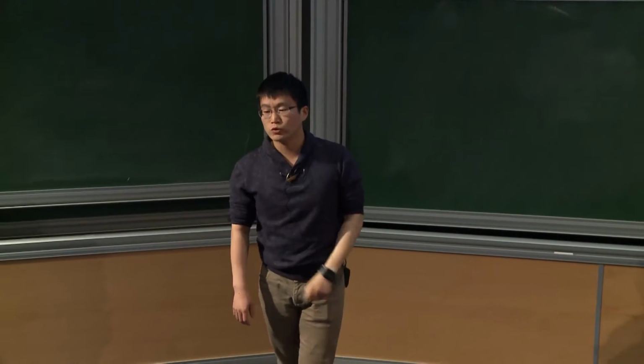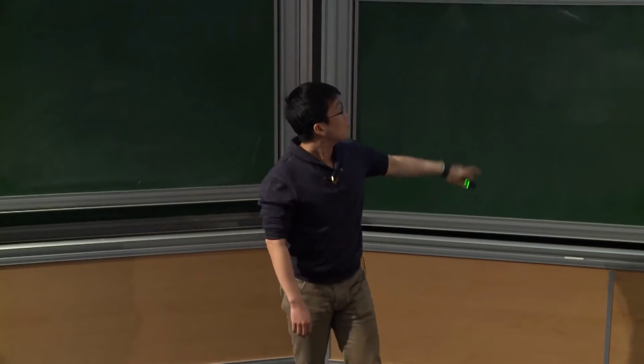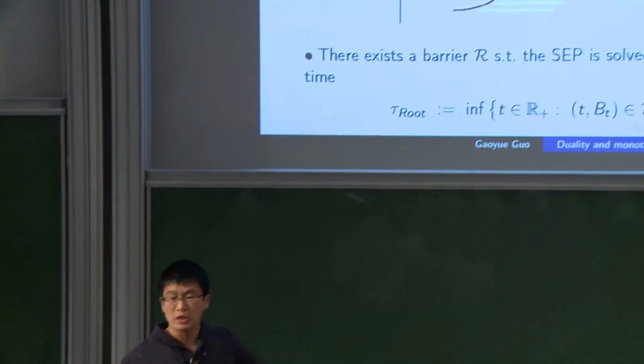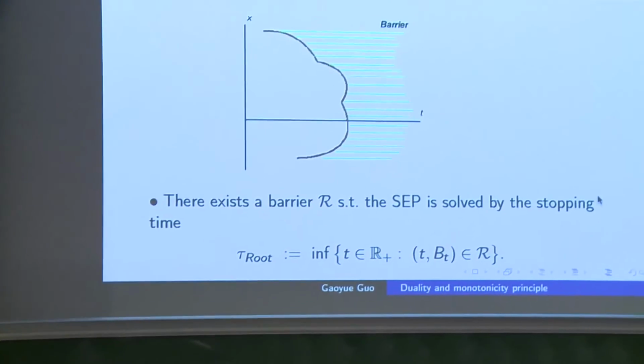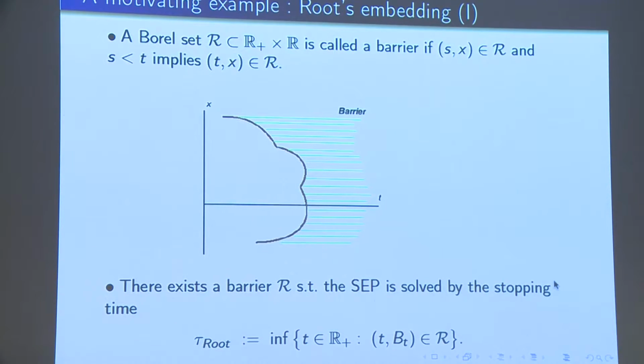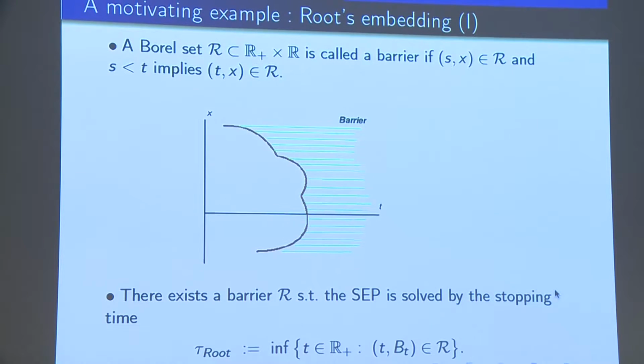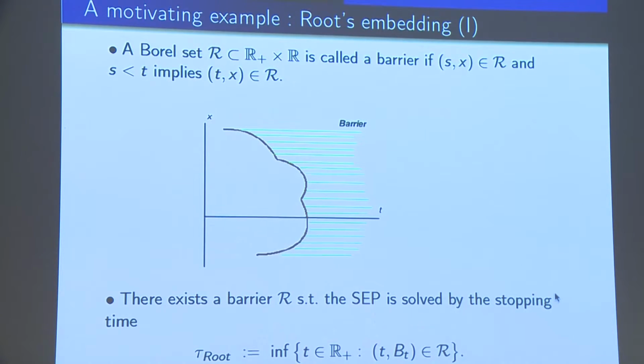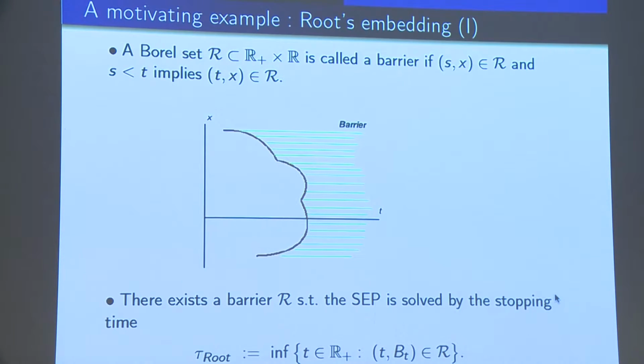We take the Root solution, for example. This Root solution is constructed through some Borel set, which is called a barrier. A barrier is a Borel set in R^2 such that it is closed to the right.